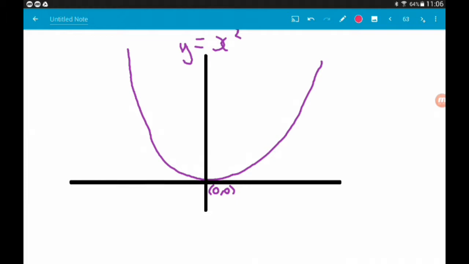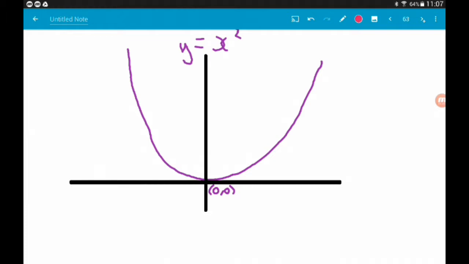So when we're finding the gradient of a curve, we are finding the rate of change of the curve at that point. So when we differentiate again and we get our second derivative, we are finding the rate of change of the gradient.